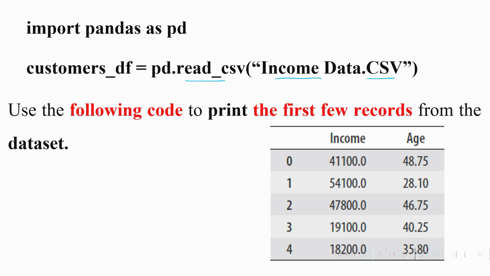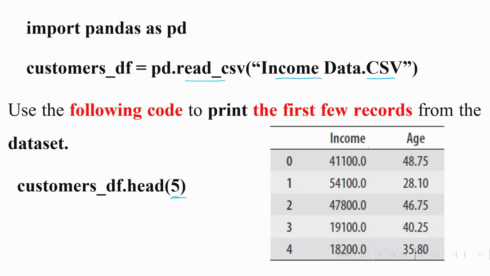Use this code to print, suppose I want to print the first 5 rows: customers_df.head(5) displays the top 5 rows of our data set.